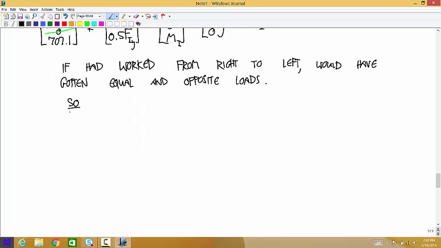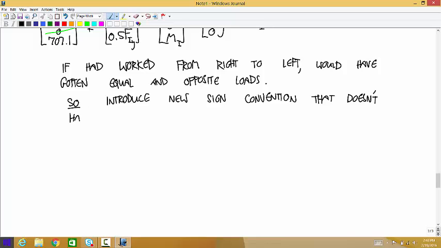So we're going to introduce a new sign convention that doesn't have that problem. So if you're looking from the left and you're looking at loads on the right side, that's a positive tension.